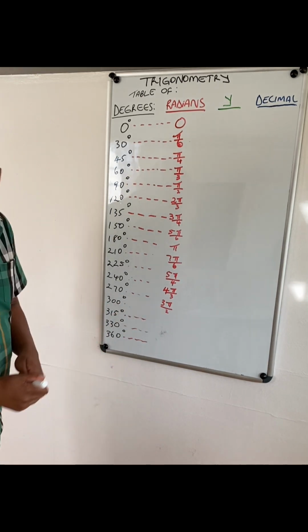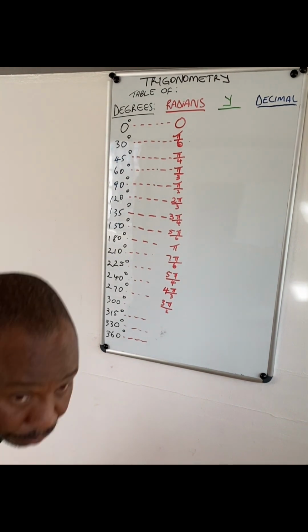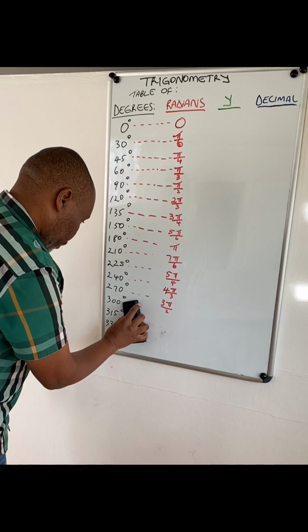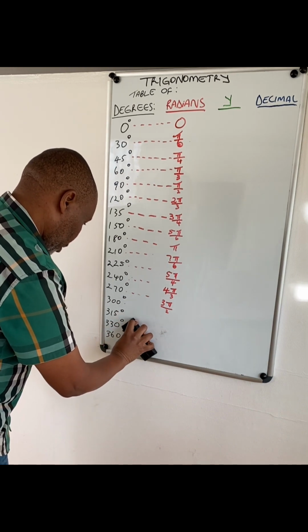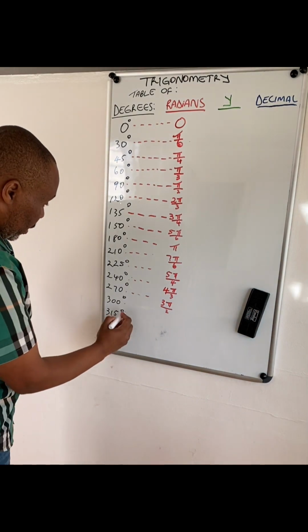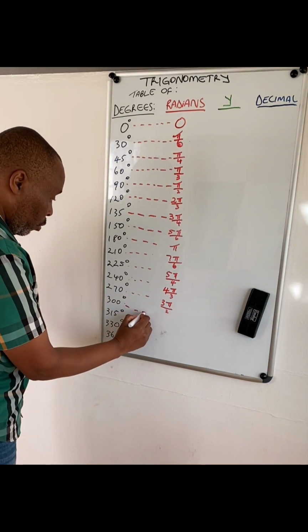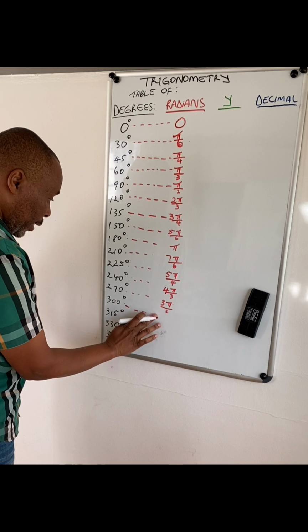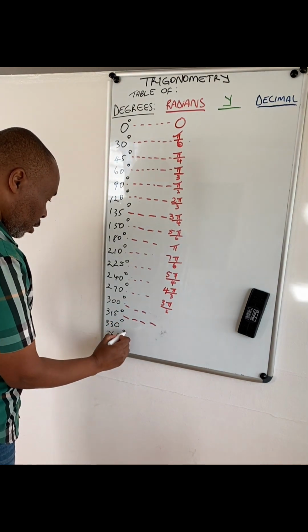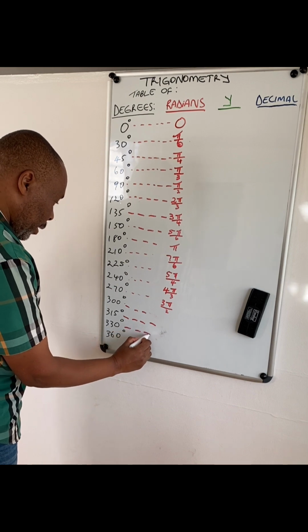Let me correct my lines nicely. I will try my best that my lines are correctly placed, though it's going to deviate a little because I'm trying to make a straight line.